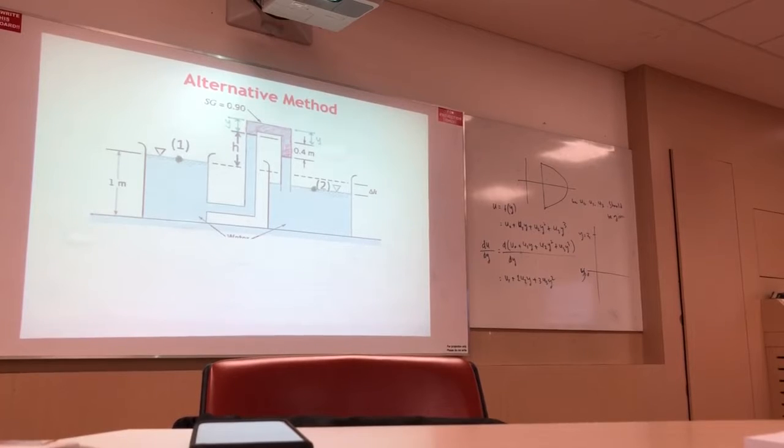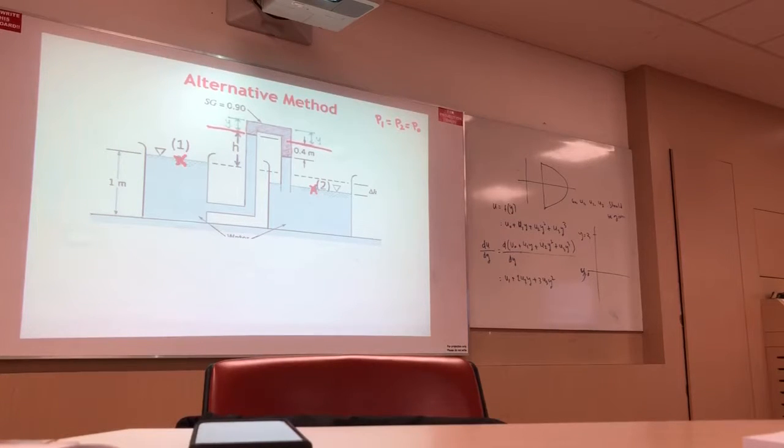Okay. Another method. In that method, I can calculate this pressure, right? What is this pressure? Can you tell me? I can calculate from here, right? H, Y cancel, right? Tell me, what is this value? P1 and P2 are same, right? Yes. P1 and P2 are same. Why? Atmosphere.